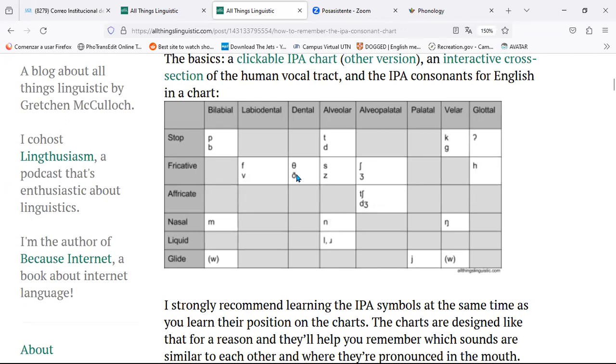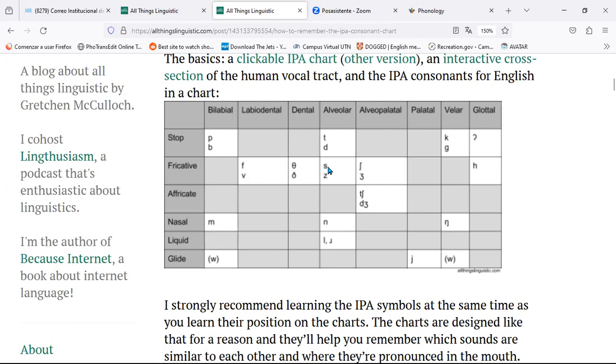I never used that because cognates also refer to words that have the same origin, but if you can understand that, it's fine. So these two, S and Z, would be cognates because they are both alveolar and both fricative.